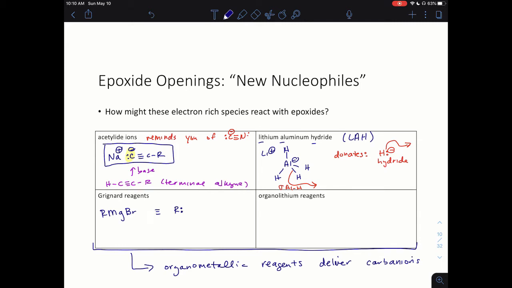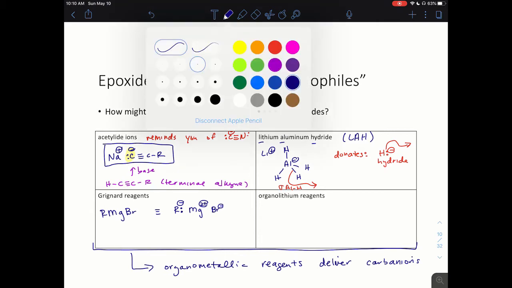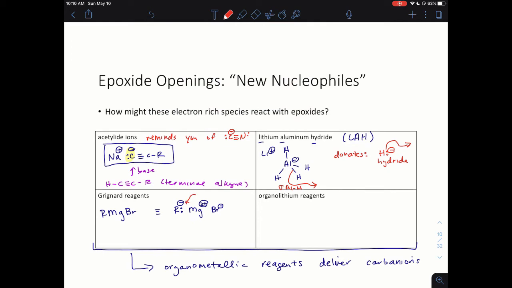You can think about it as a carbon ion with a magnesium counterion and a bromide counterion. So overall, the charges balance out. I've drawn it here like an ionic bond. I can draw it here like a covalent bond. Really, it's somewhere in between. The bond is somewhere in between a covalent bond and an ionic bond. It's an area of gray.